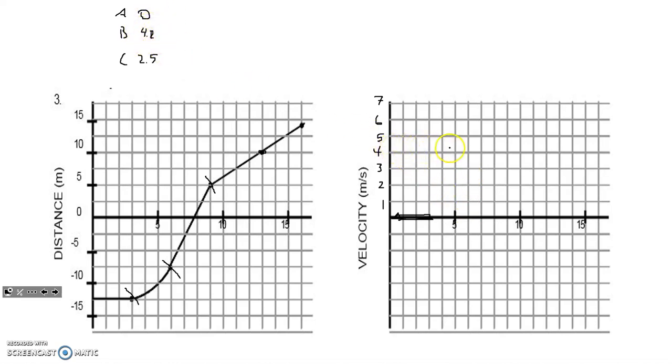So we go up to 4.2 at time equals 6 seconds, and we're going to move along until time equals 9 seconds. Again, it's a flat line because it's a diagonal in the distance graph. Then lastly, it goes into a not so fast speed of 2.5.